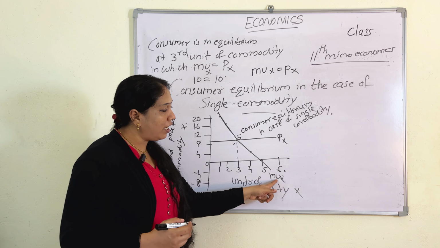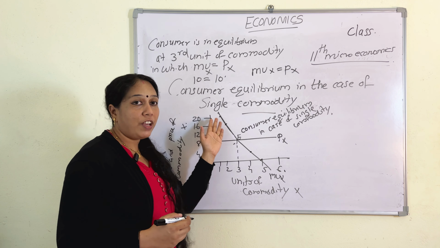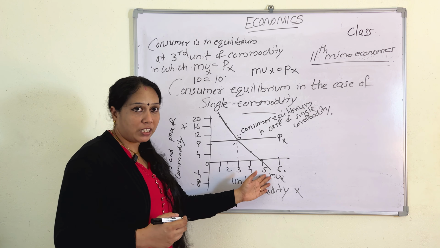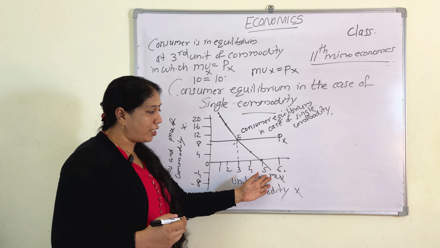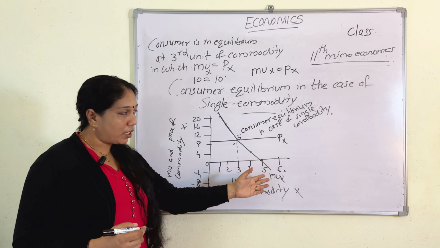The marginal utility of X commodity, that curve slopes down, means it is always falling, so it is sloped down. MUX is the marginal utility curve of the X commodity. It slopes down.